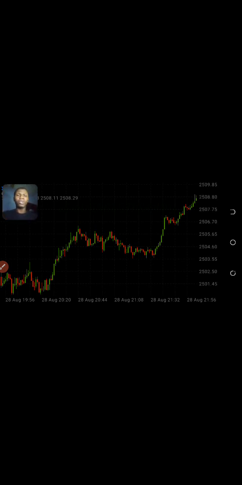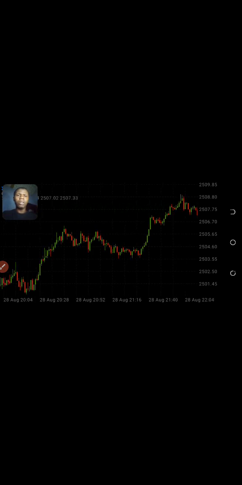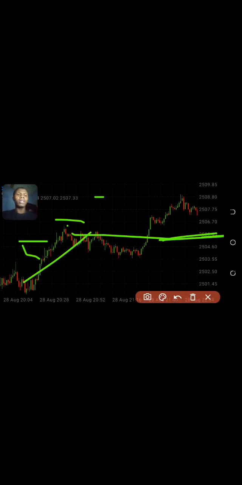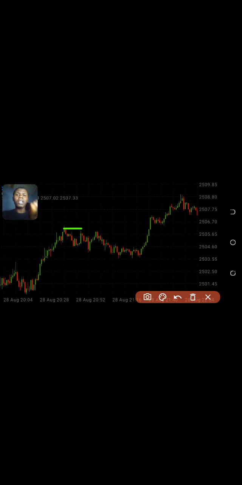There are three things that I like to do. One, I put my eyes on the major swing point. The first major swing. Okay, since we are bullish, this is where I'm expecting price to break.